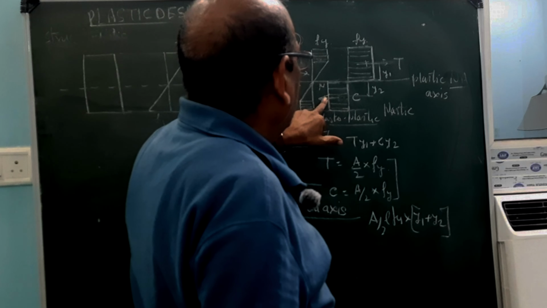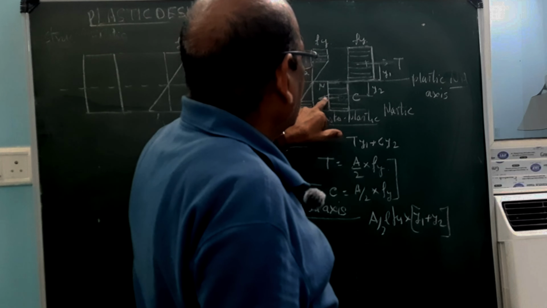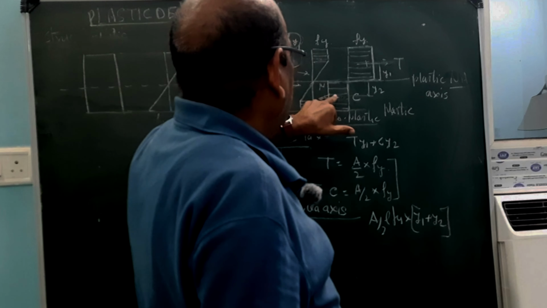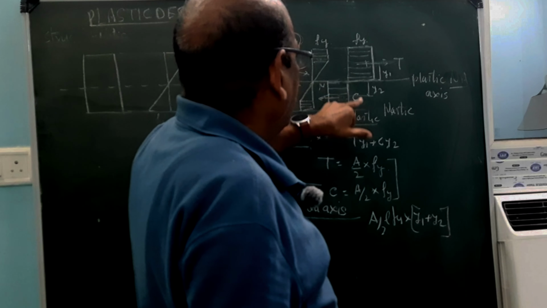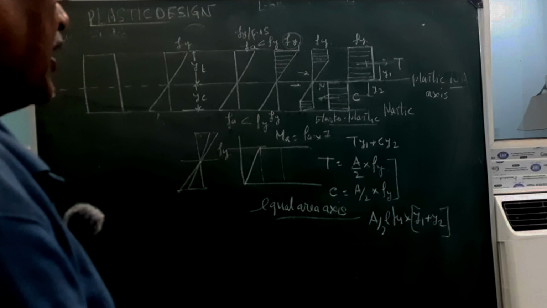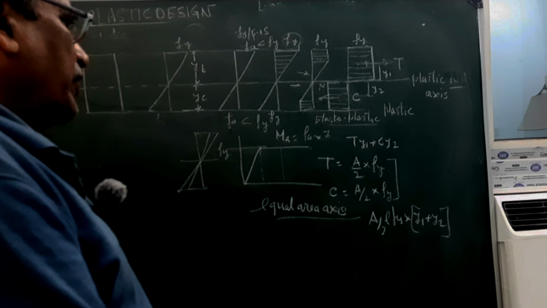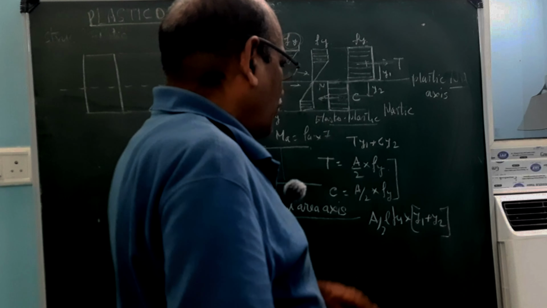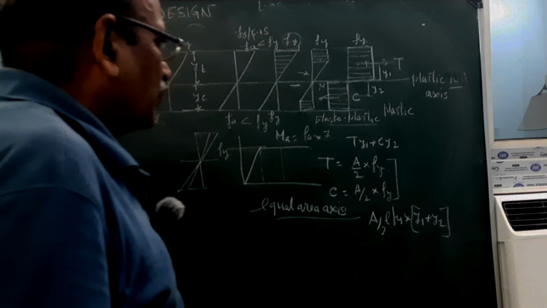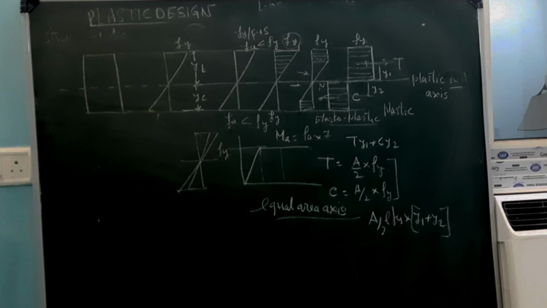This is tensile, so it gives a moment like this, and compression will also give a moment like this. So both are giving moment. The total moment is A by 2 into Fy multiplied by y1 plus y2.